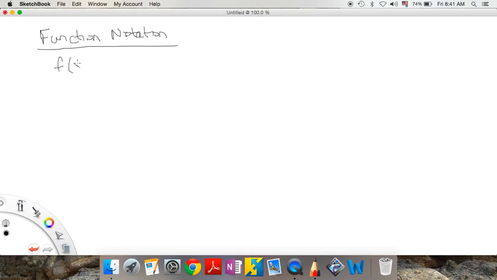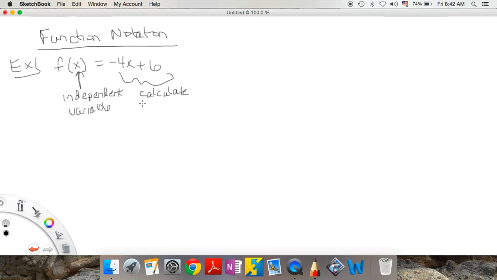But the way we write it is f of x equals, and then we have whatever formula it takes to get our function. So this tells you what the independent variable is, and this tells you how to calculate the dependent variable.